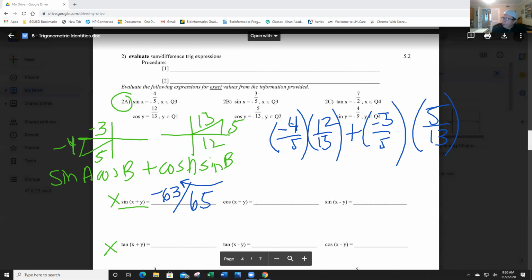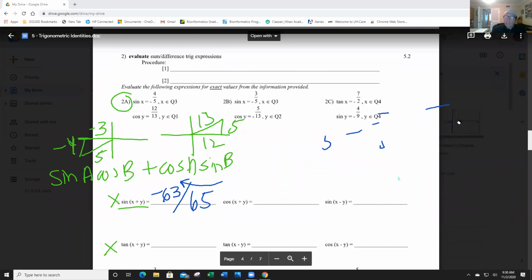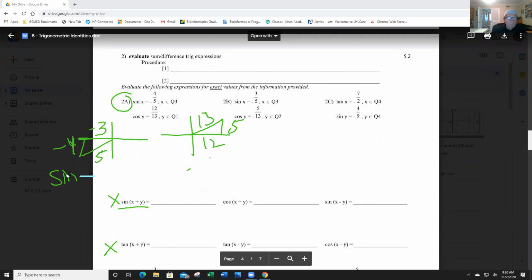Now, I'm going to erase some of this. I'm going to leave the two drawings there and erase quite a bit of the rest. For the next part, the tangent of x plus y, I'll get the formula out for you.